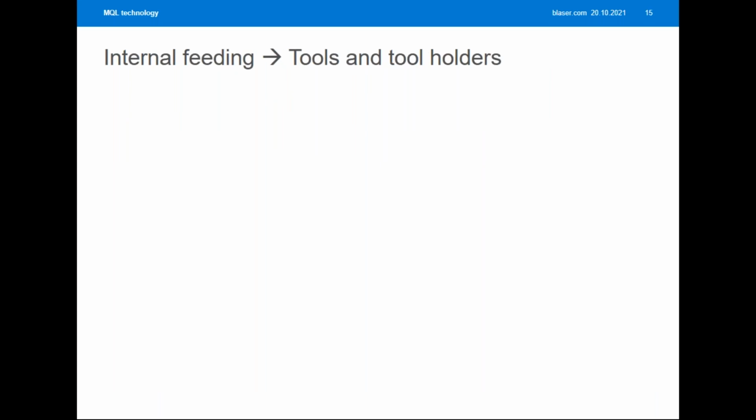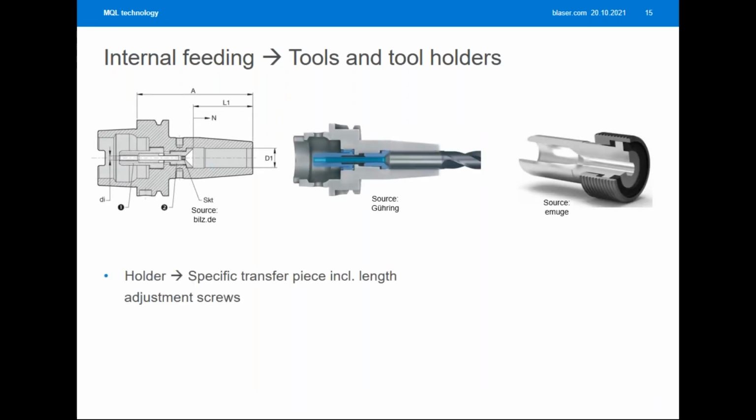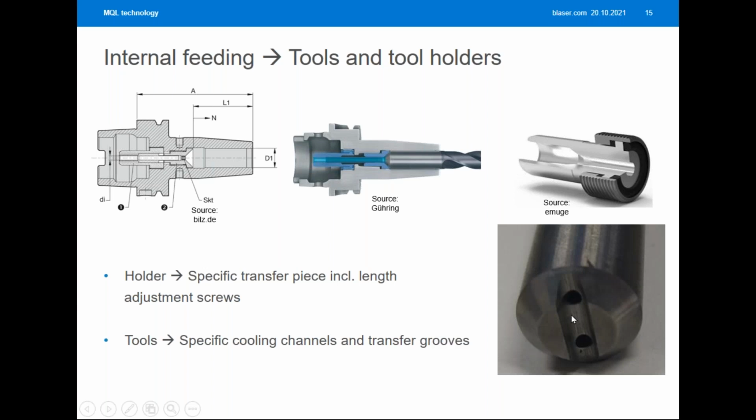So what is essential if you go internal feeding is to look at the tool and the tool holders in detail. Here you see tool holders, the complexity of the tool holders, of the coolant supply units. You need a length adjustment screw, and you also need to construct the tool shanks in a certain way to be able to deliver the aerosol through the tool.